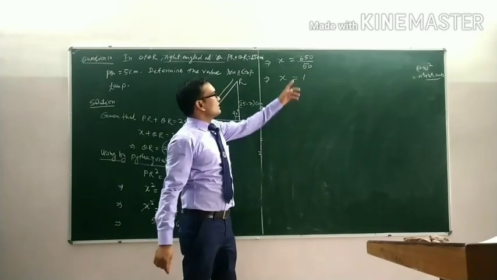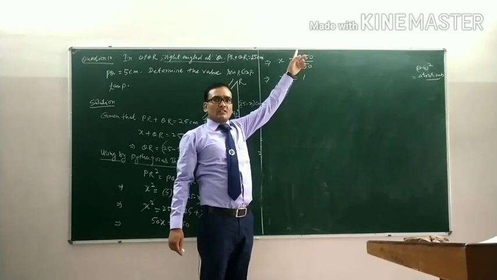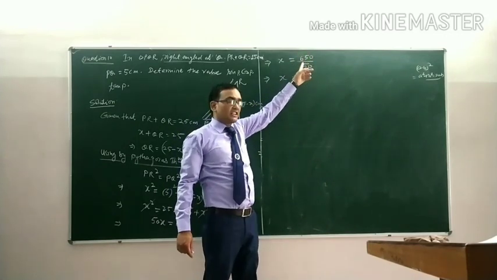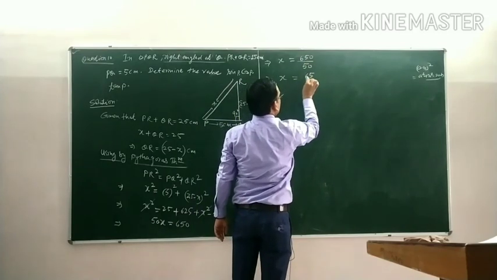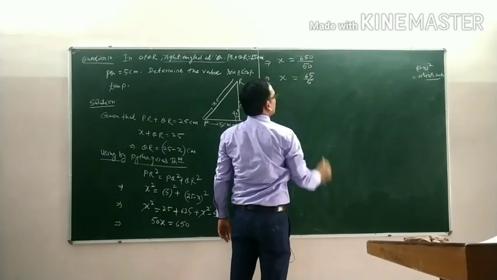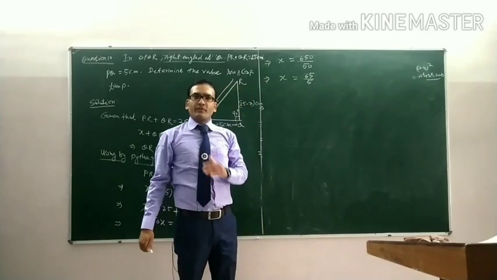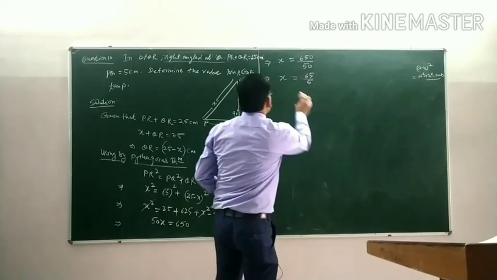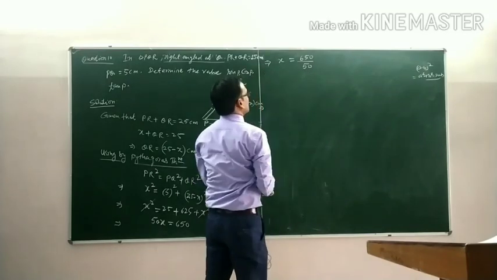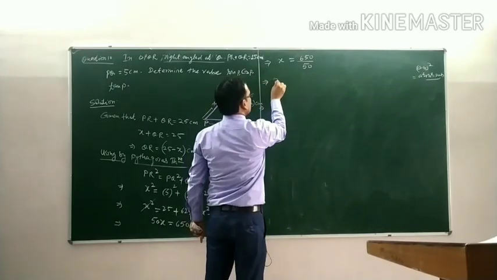Here we take the common 10 in the numerator and denominator, then we get the value of 65 upon 5. 13 fives are 65. Then we finally find the value of x equal to 13.